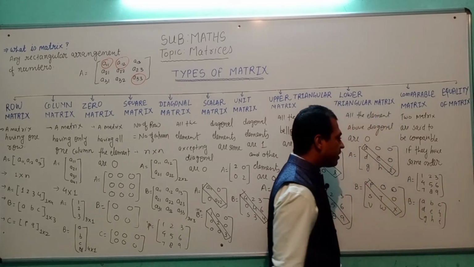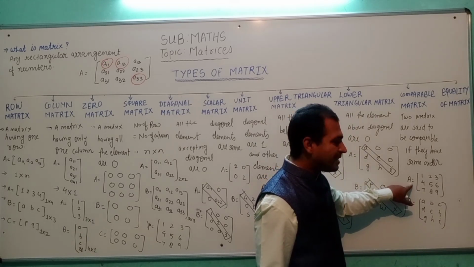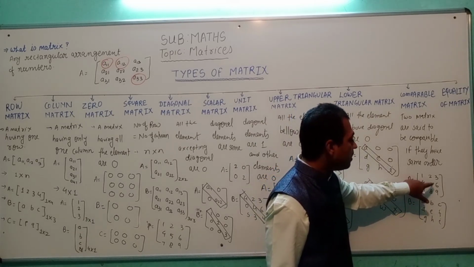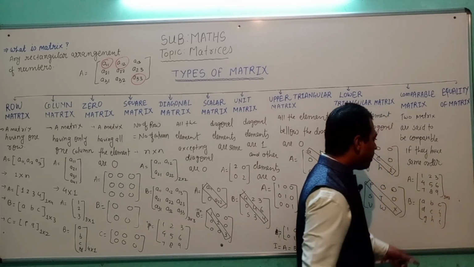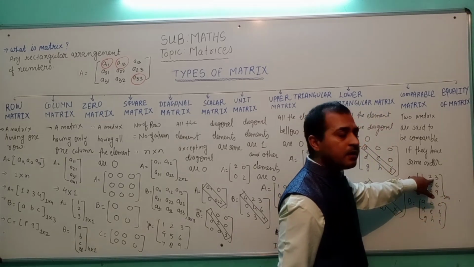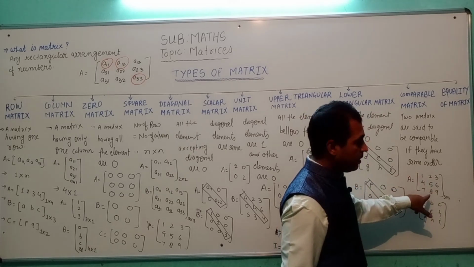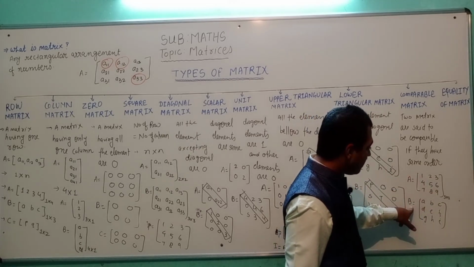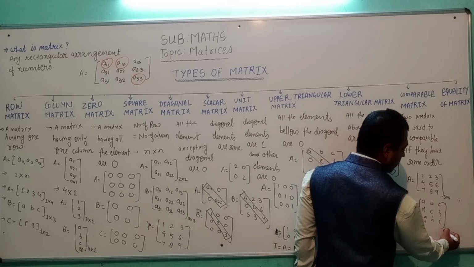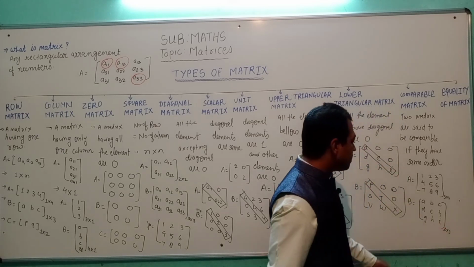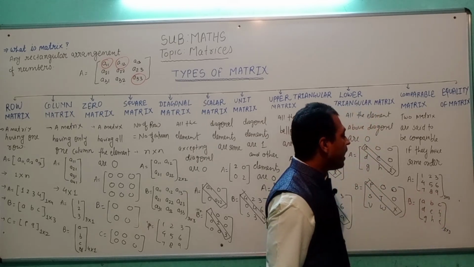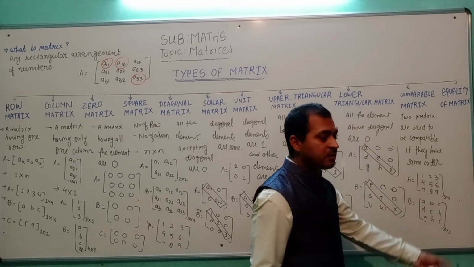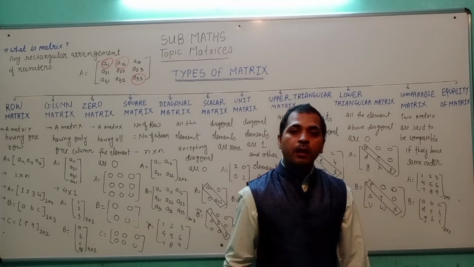So students, here you can see that matrix A has order 3 by 3, because there are 3 rows and 3 columns. Similarly, matrix B's order is also 3 by 3, the same order as A. So matrix A and matrix B are said to be comparable matrices.